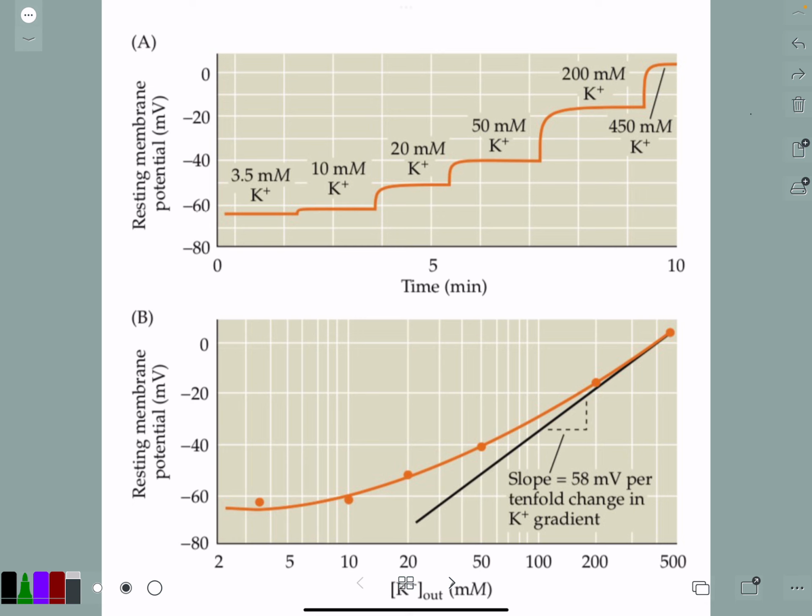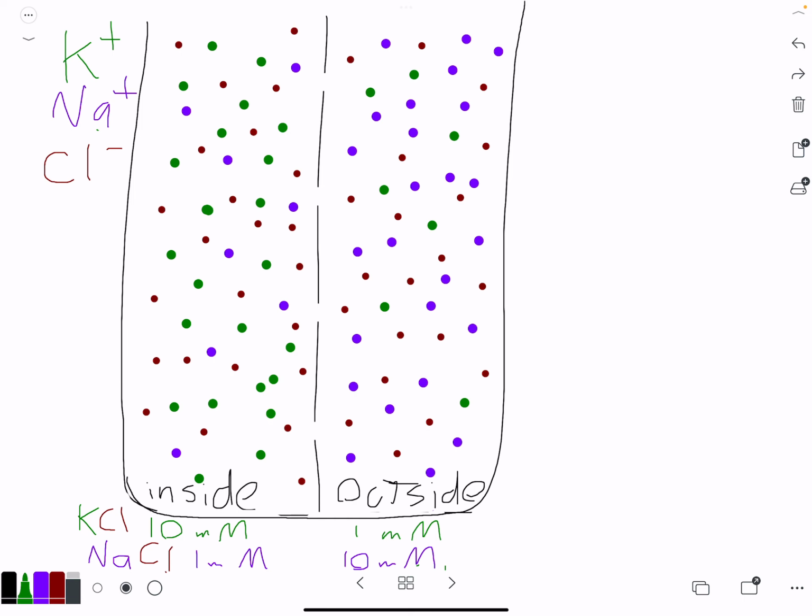But before we get into their experiment, I want to first just go over how membrane potentials can be formed, and specifically in the context of sodium and potassium, which are the key players in generating the membrane potential, both the resting and the action potentials of a neuron.